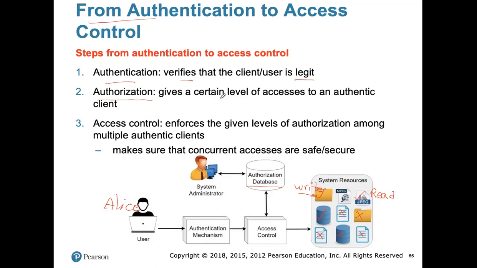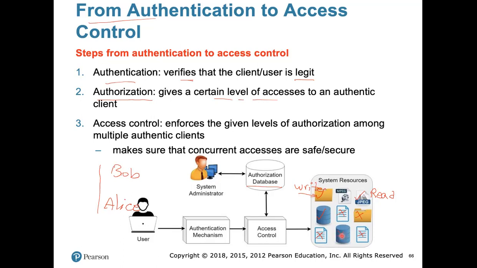It gives a certain level of access to an authentic user or authentic client. Of course, like I said, we have multiple resources, and we may have multiple users as well. Bob might also be here, and Bob has a different level of access or privileges. This space here is not available for Alice, but it might be available for Bob.